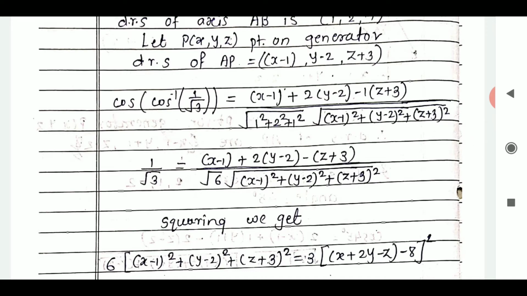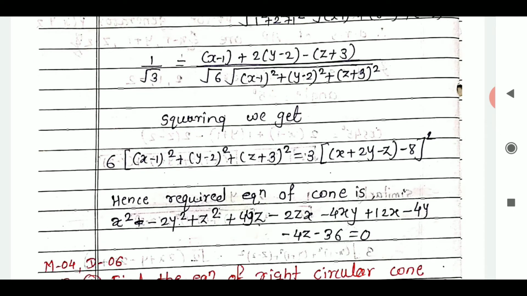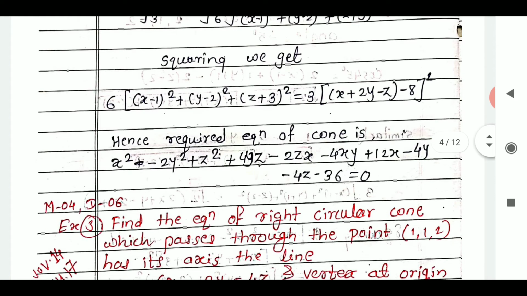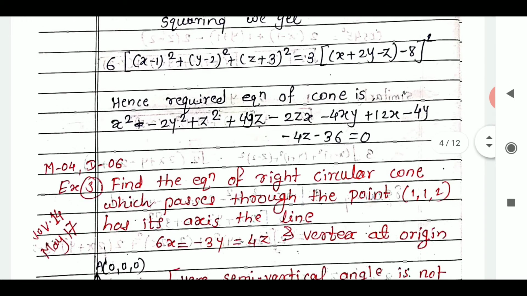Now for simplification, cos of cos inverse gives just the value, that is 1 upon root 3, which is equal to the RHS. Simplify this: first we take cross multiplication, then squaring, and write the equation form. We get the required equation of the right circular cone: x square minus 2y square plus z square plus 4yz minus 2zx minus 4xy plus 12x minus 4y minus 4z minus 36 is equal to 0.